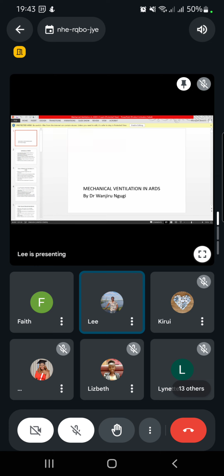So by attempting to reduce the FiO2, maybe on a day by day basis or maybe 12-hour basis. And then in addition, I also know that the pressure support, the PSV mechanism, the pressure support ventilation, is the mode that is commonly used when we are weaning off the patient. But anyone else can comment on that. Thank you.